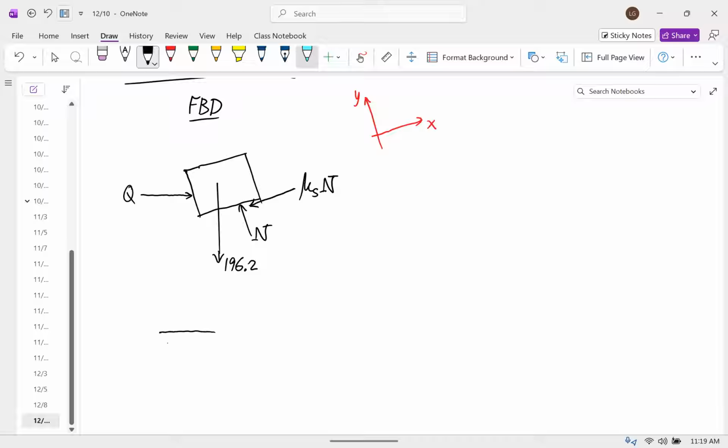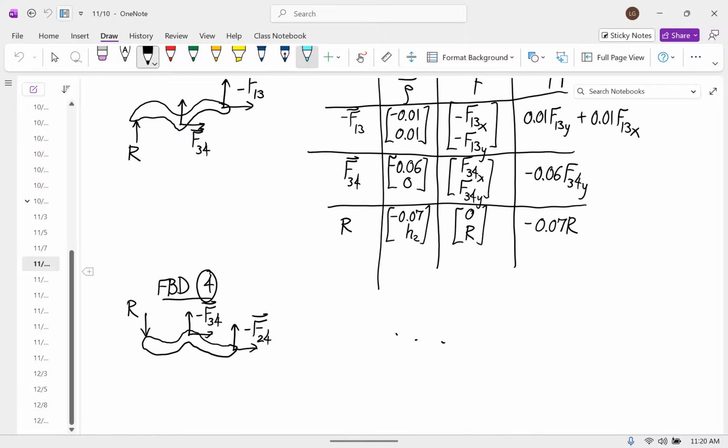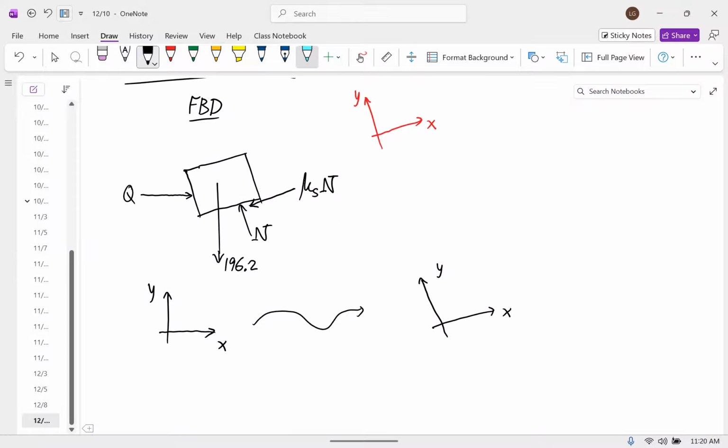So let's think about a rotation matrix that takes us from something like this to something like this. That requires a 10-degree rotation. Is that clockwise or counterclockwise? Counterclockwise, right. So the rotation is going to be positive 10 degrees.